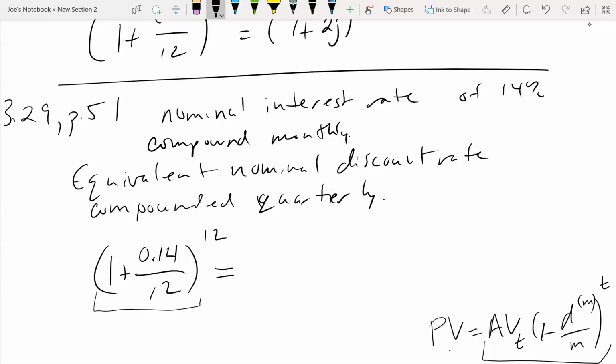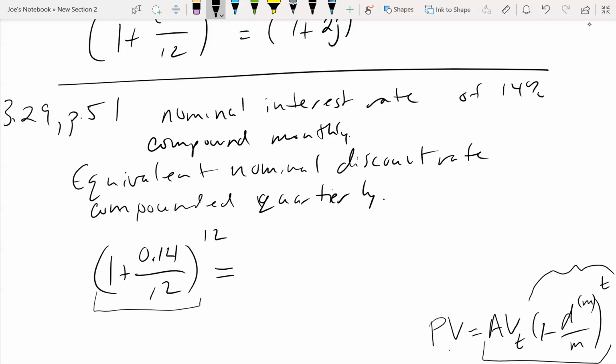So if I'm going to set these two things equal to each other, what do I need to do with this expression? I need to divide it over. I need to move that to the other side, so my exponent is going to become negative. In this case, m and t both need to be the same because we're doing it for 1 year, and specifically for this problem m should be 4 because of the quarterly.